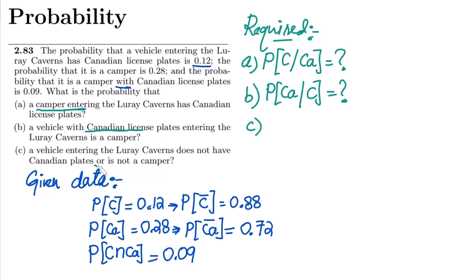Here this is "or", which is represented with the union. So I have to find the probability that a vehicle entering the Lure Caverns does not have Canadian number plates, or it is not a camper, so we write CA complement. Now the given data and required data have been written.